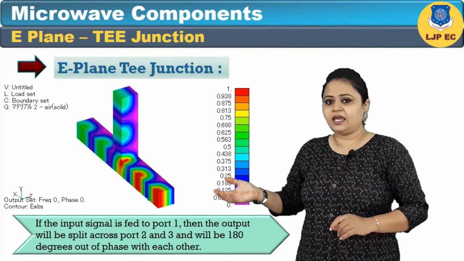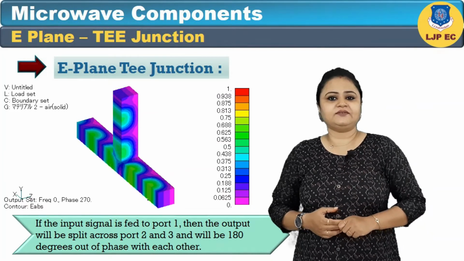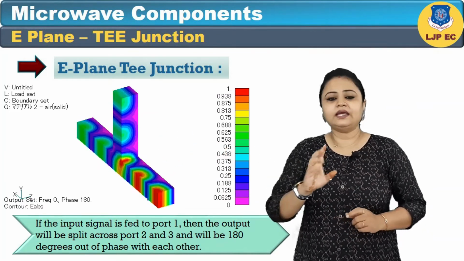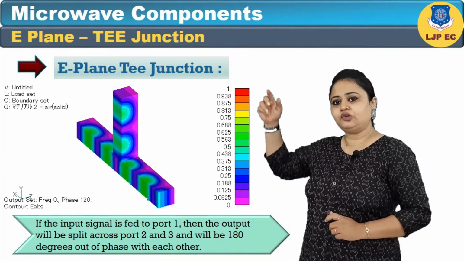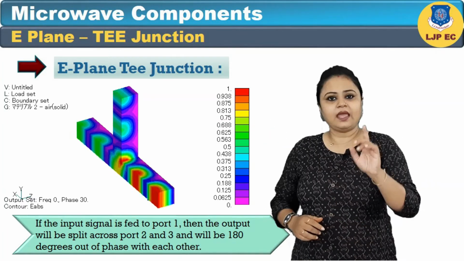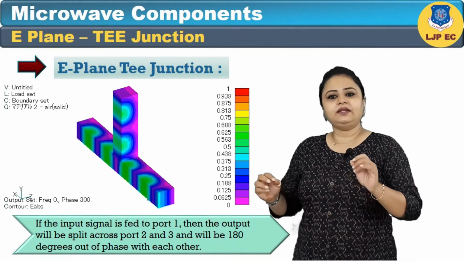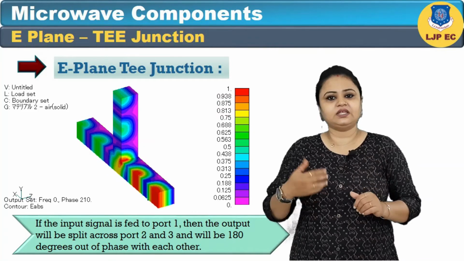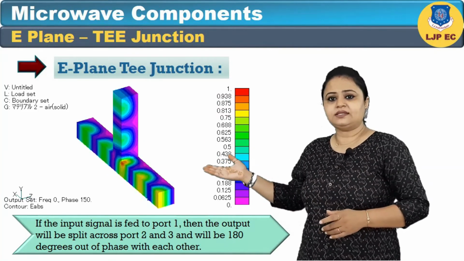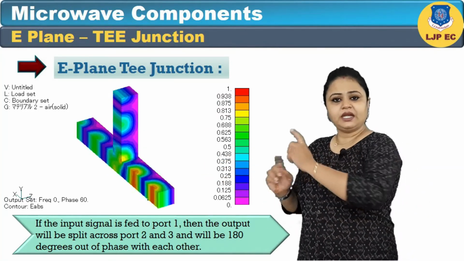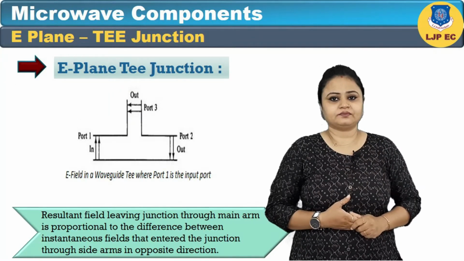And in the next case, if the input signal is fed from port 1, then the output will be split into port 2 and 3 and will be 180 degrees out of phase with each other. Here you can see how the signal is split into ports.